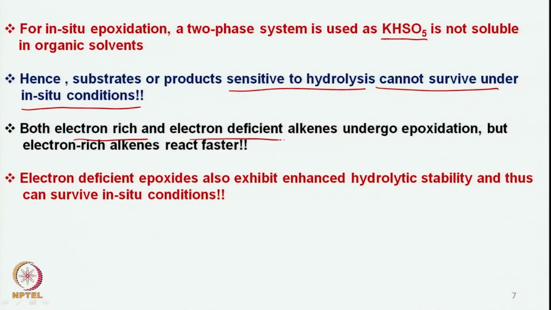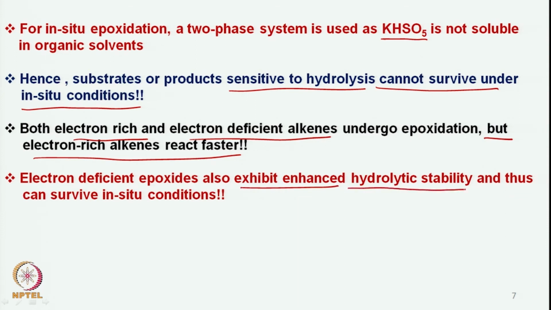Both electron rich and electron deficient alkenes undergo epoxidation, but as one can expect, electron rich alkenes would react faster. Electron deficient epoxides also exhibit enhanced hydrolytic stability.